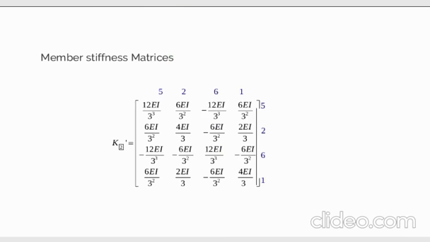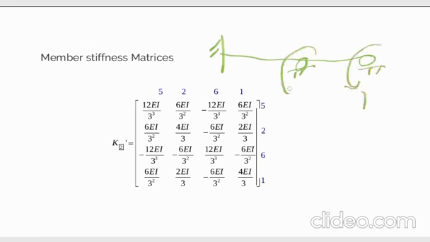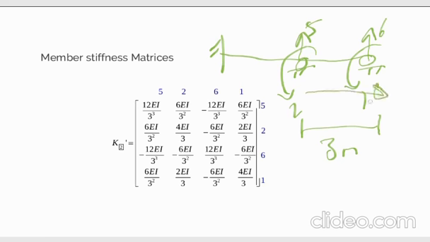The same way we can find member number 2: 1, 2, 5, and 6. The total length is 3 meters. Just substitute your values and you will get this matrix, and this is the direction like this.